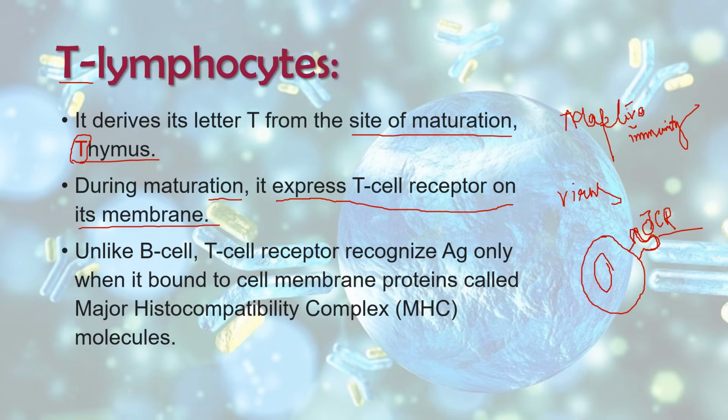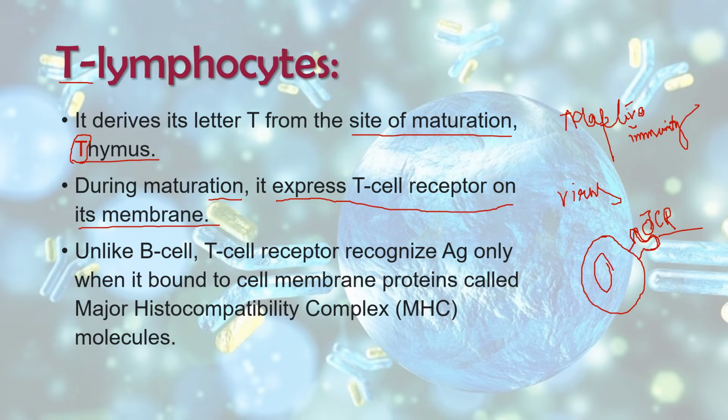Like B cells, in which the surface markers or the immunoglobulins can detect the antigen, which is not essentially bound to any kind of MHC molecule. But in the case of T lymphocytes or T cells, it can only recognize or bind to the antigen once it binds to the MHC molecules.